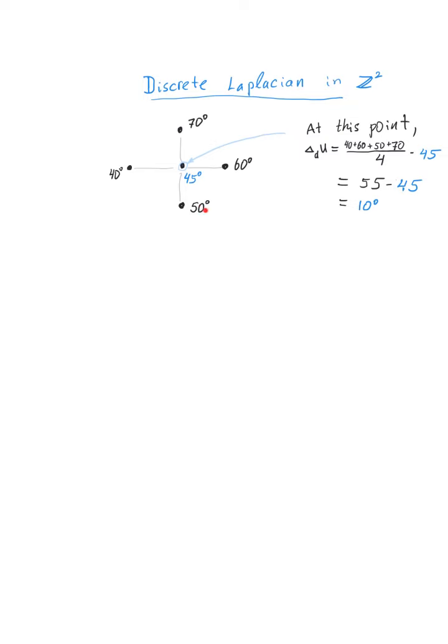So in this example, for instance, suppose the temperature at the given point is 45 degrees and at the neighbors is like here, 40, 50, 60, and 70 degrees. So we take the average of the neighbors and subtract the 45, so we get 10 degrees. So the average of the neighbors is 10 degrees hotter than the temperature at this point.